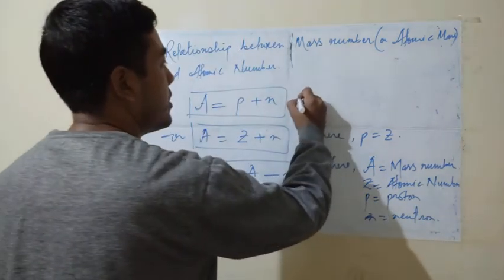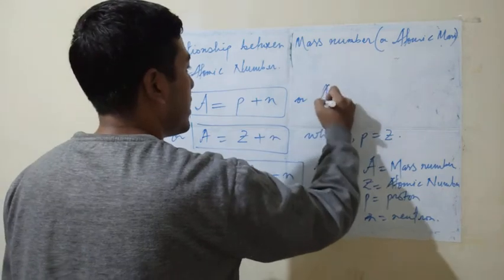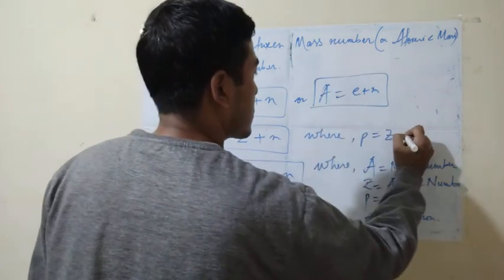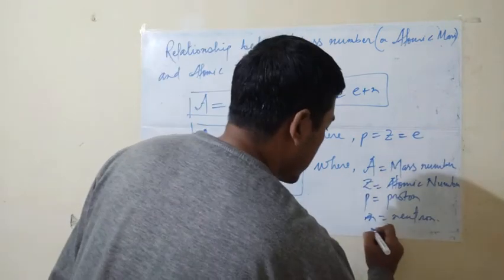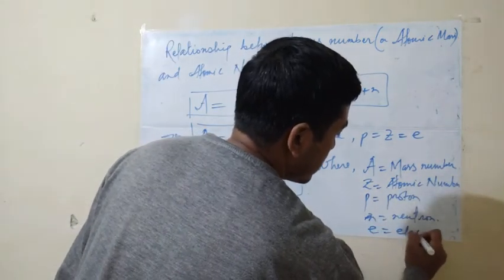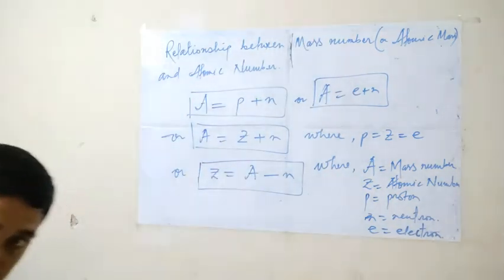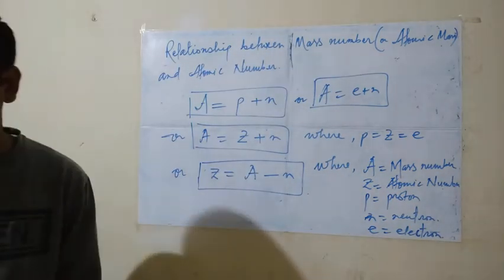Right. Or in here I will write this one: A is equal to E plus N, where E is equal to electron. Okay, let's copy down this one.